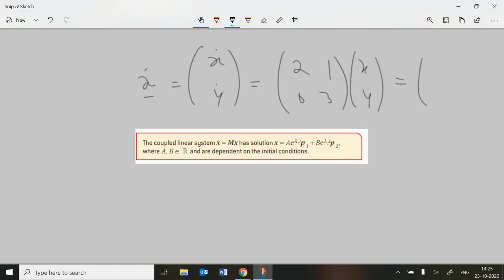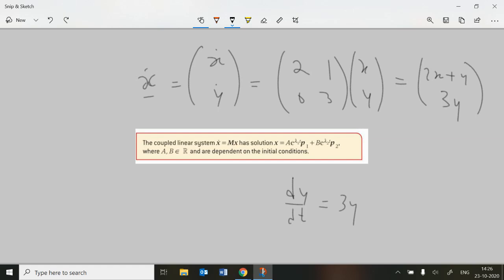That would give us 2x plus y in a vector now. Again, we're looking for a vector answer here. And then when we multiply across, we're going to get 3y there. So that would give us dy/dt, for example, is equal to 3y, and dx/dt would be equal to 2x plus y, where we're dependent on both x and y. Okay, so that's what we dealt with last time round.